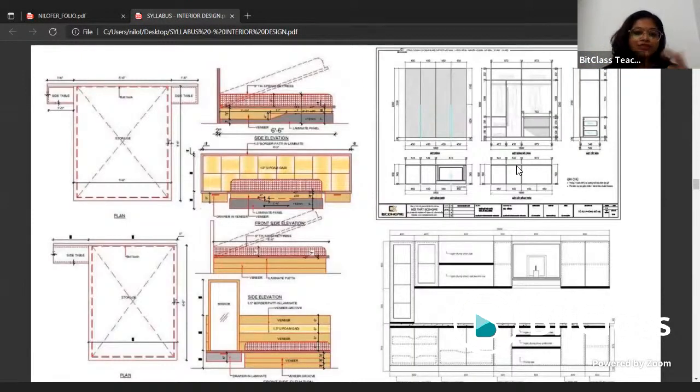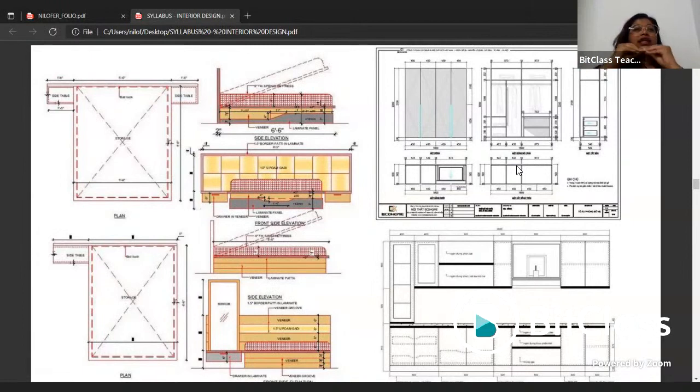For example, you can see this detailed drawing sheet. This is how a detailed drawing sheet looks. On the left side you can see a plan, elevation, sections of a simple design, which is a bed design. By seeing this bed design, you can understand the bed has an open storage, under storage with a hydraulic mechanism.